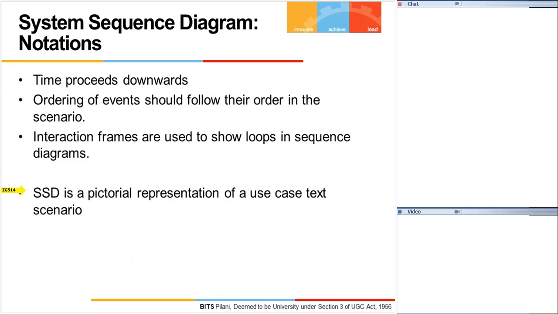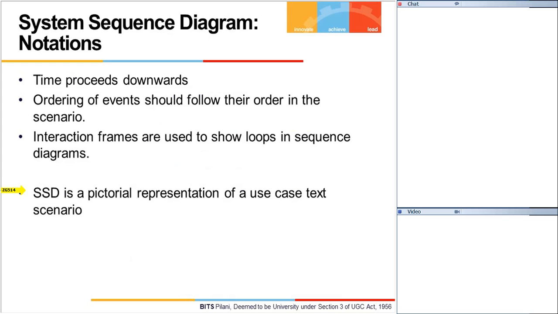Okay, coming back. So my SSD is a pictorial representation of a use case text scenario, right? And one very good question which has now been raised is, do we specify the alternate scenario? And the answer is no. No alternate scenario in SSD, right?